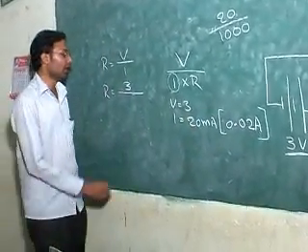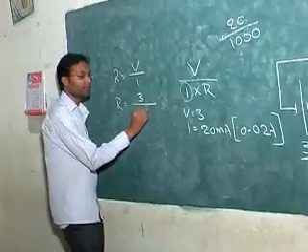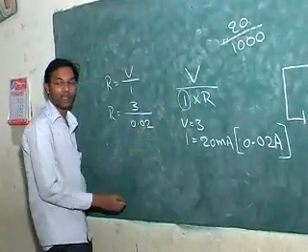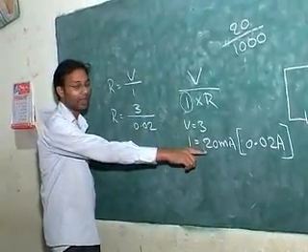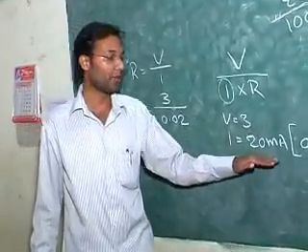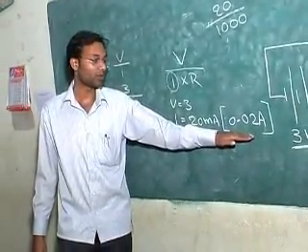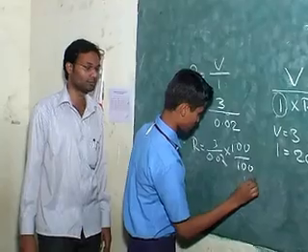So now the value we have to write here is 0.02 instead of 20 milliamps. Why are we writing 0.02? Because we have to convert this 20 milliamps into amps. The amps value is 0.02 amps.